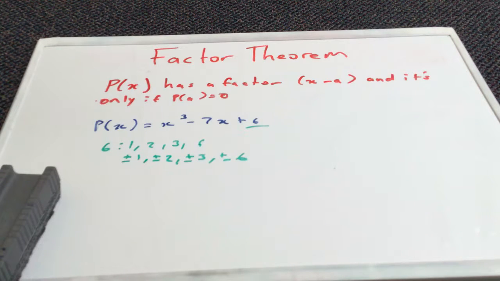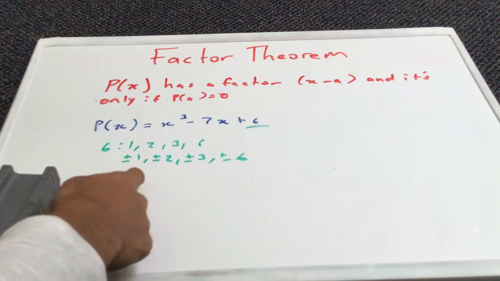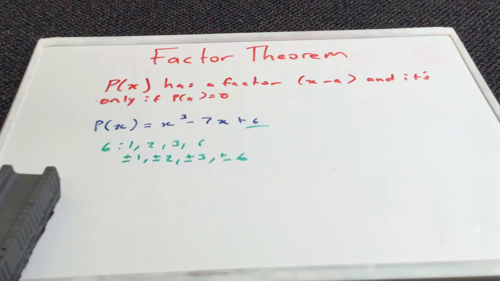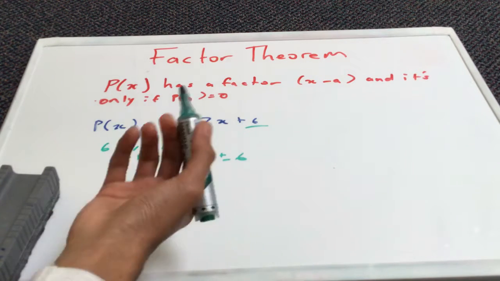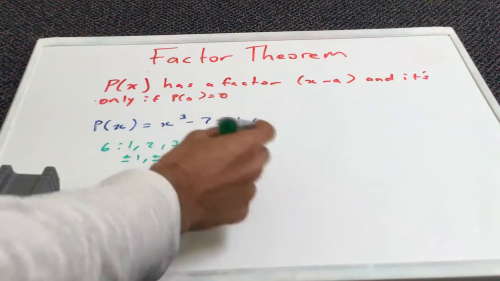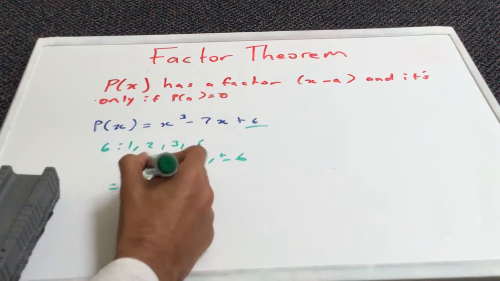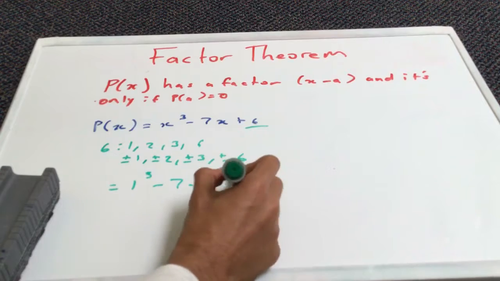So in order to find your factor a, one of these numbers will give a result of 0. We're going to try 1, for example. When you insert 1 into this equation, you get 1 cubed minus 7 times 1 plus 6.